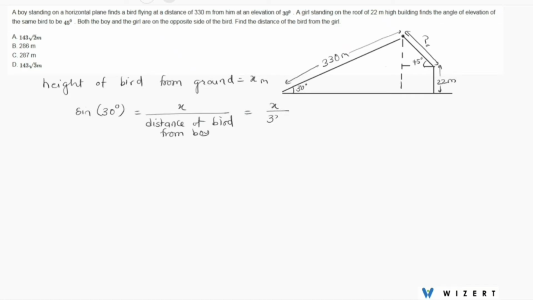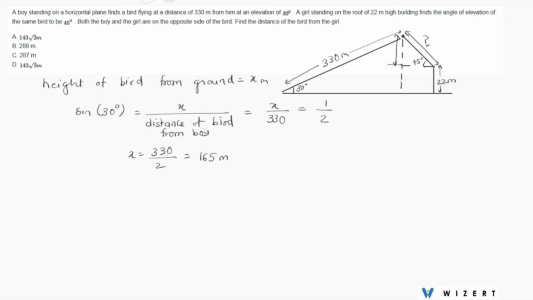So x divided by 330 meters is equal to sine 30. We know the value of sine 30 is half, so this is the equation that we get, and from here we get x equal to 330 divided by 2, which is equal to 165 meters.